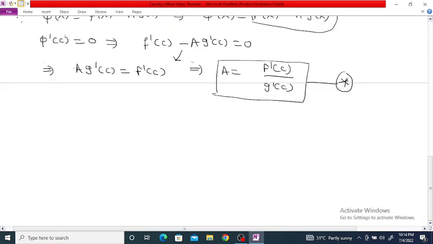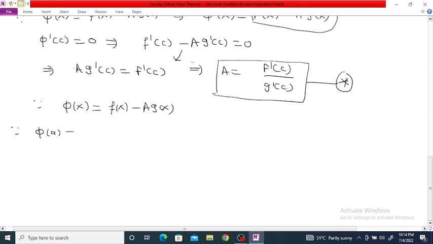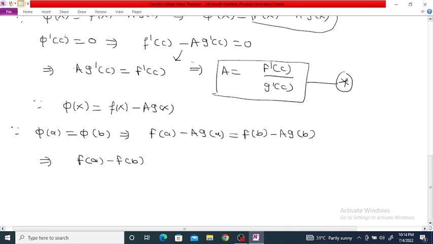Since phi of x is equal to f of x minus a g of x, and phi of a is equal to phi of b, this implies f of a minus a times g of a is equal to f of b minus a times g of b. If we simplify, f of a minus f of b is equal to a g of a minus a g of b.